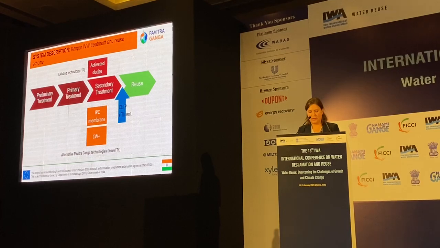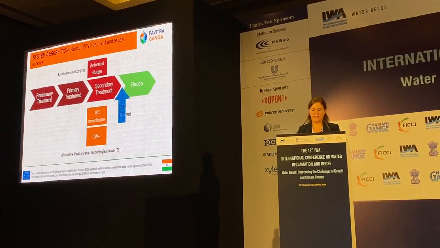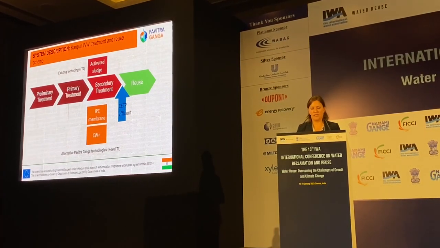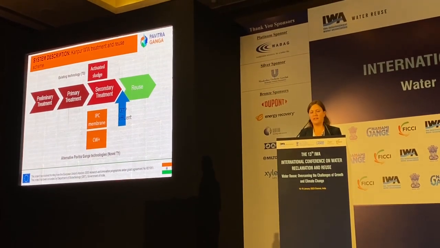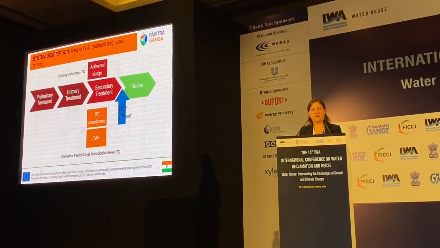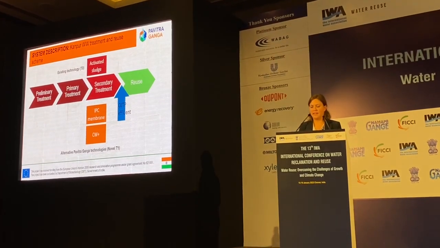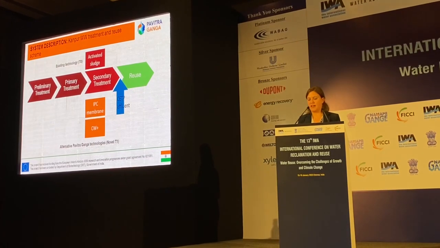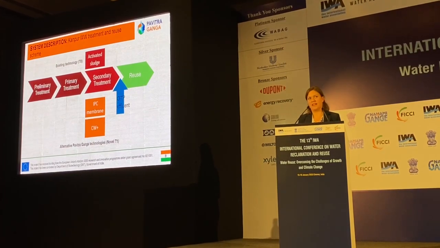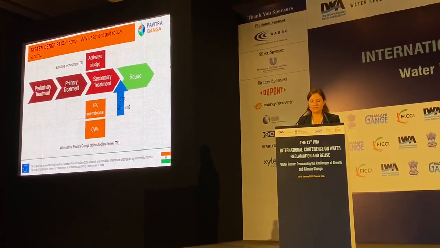And so I think around 160 MLD of water is then discharged in a 4-kilometer irrigation channel to about 2,500 hectares of peri-urban farmland. And there are 40 villages located in the peri-urban areas, which have access to these irrigation channels.